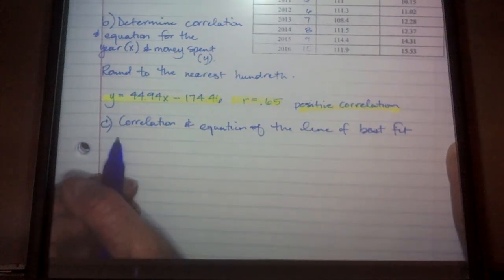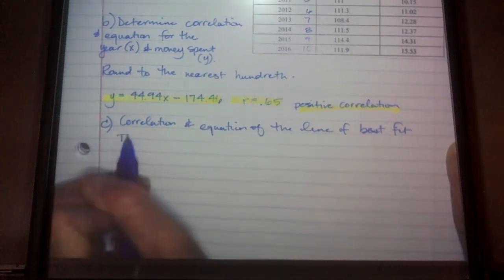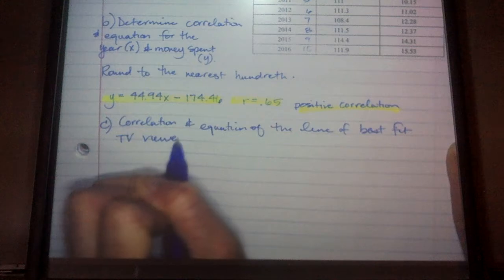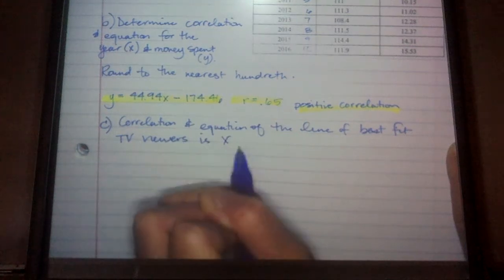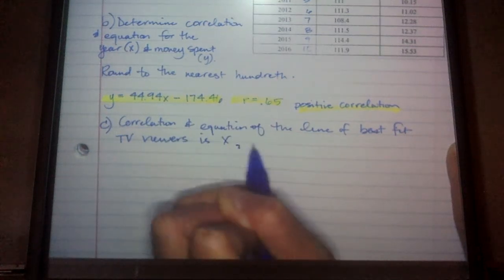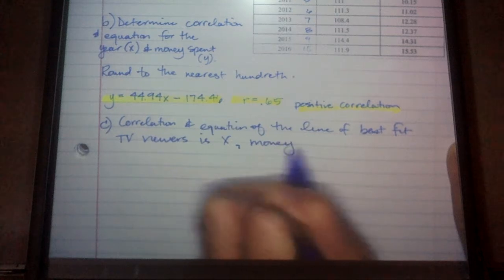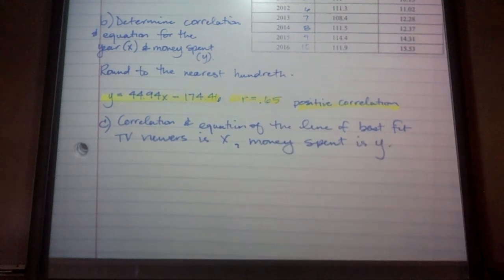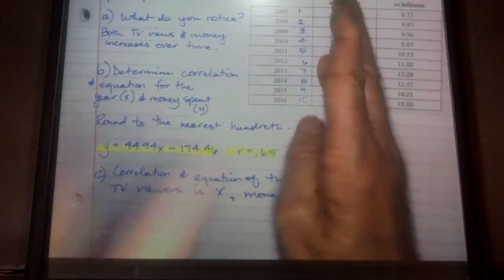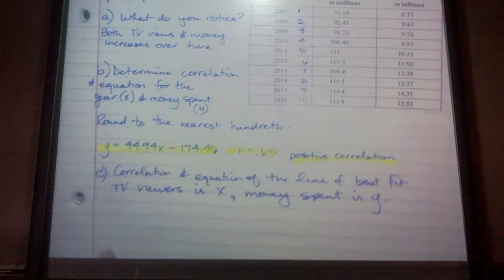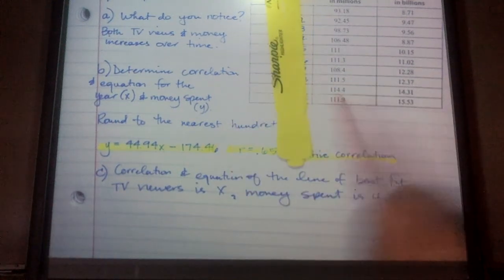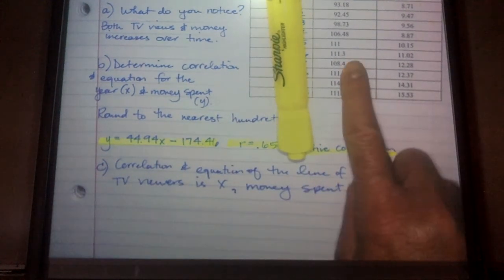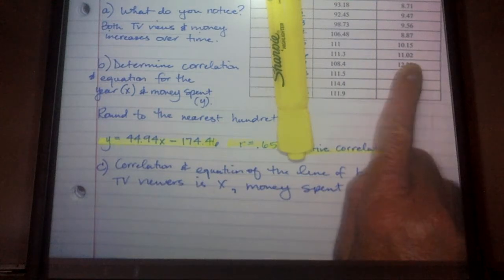And this time, TV viewers is X and money spent is Y. So they're looking, is there a relationship between the money? The first we did money spent and years. Now they want us to do TV viewers and money spent. So I'm now going to be entering this for X and this for Y.